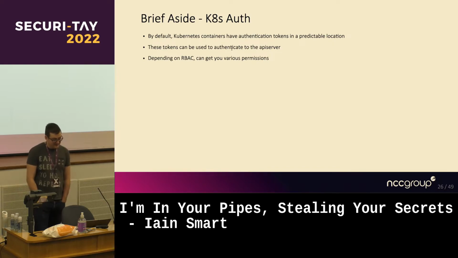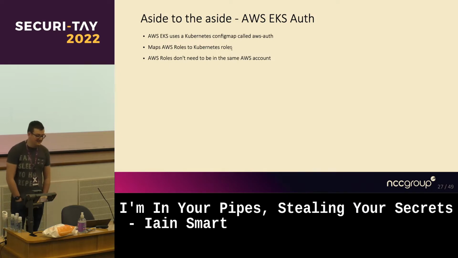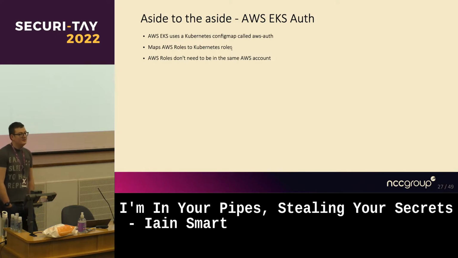So as a brief aside, Kubernetes containers have these authentication tokens. Depending on the cluster's RBAC, you can do some things, you can do nothing, you can absolutely rinse the client depending on the setup. And as an aside to the aside, because I love going down tangents, if anyone runs a Kubernetes cluster in AWS's managed EKS, the way authentication is handled is through a configuration map in the kube-system namespace.